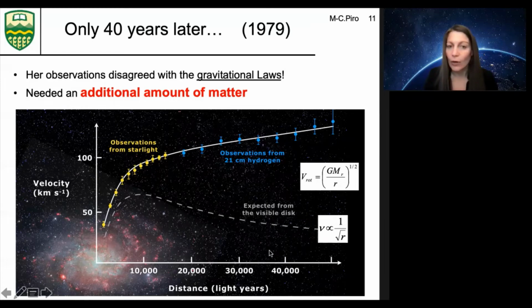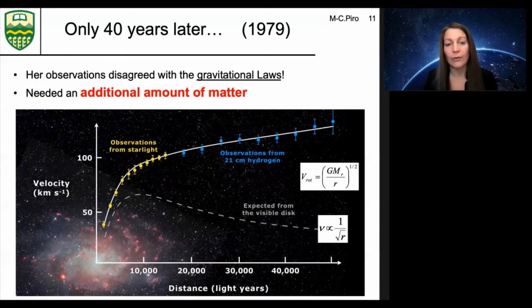And the only way to explain what happened here is by increasing the mass. So that means to explain those observations we need a huge amount of mass which is not visible around the galaxy. That was really the starting point of where we should find the dark matter of our universe.